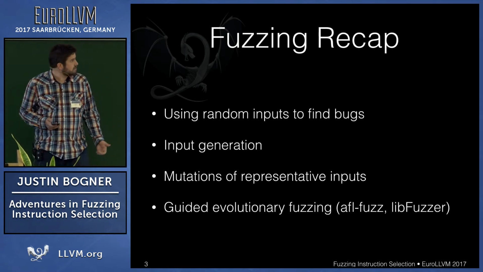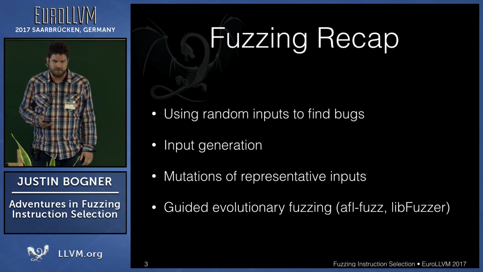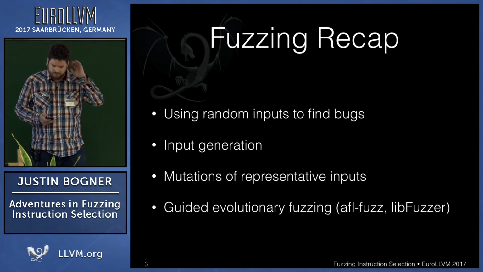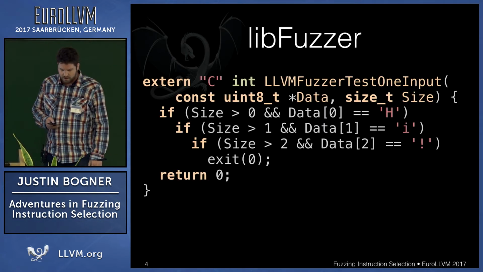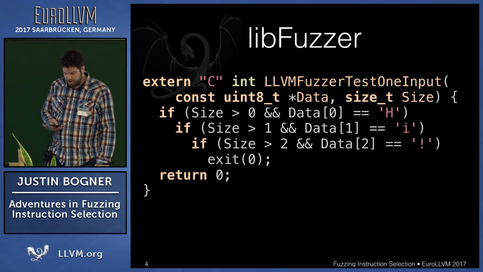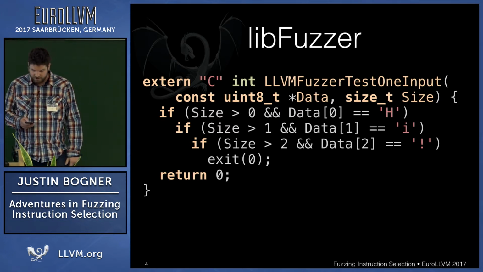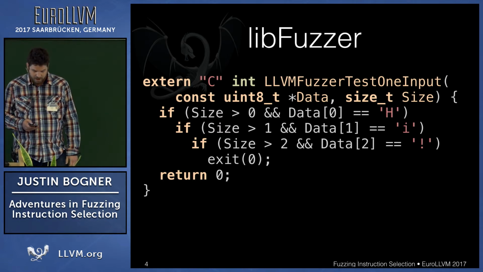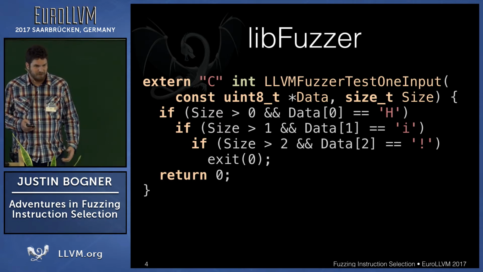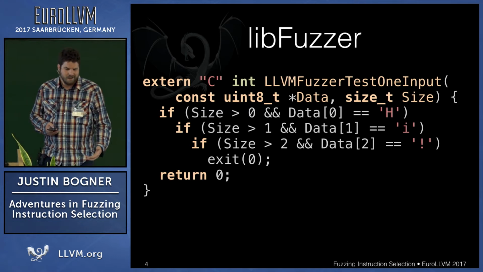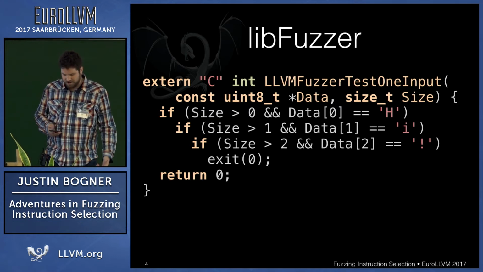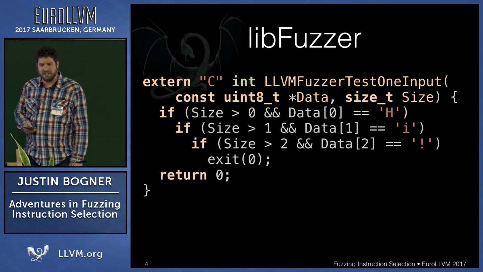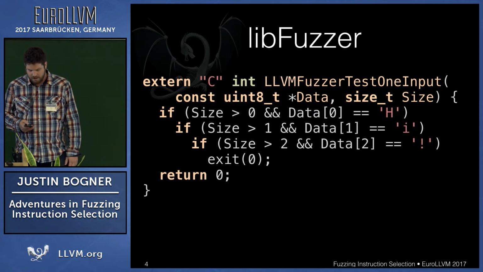It's also the basis behind AFL fuzz and LLVM's own libfuzzer. Libfuzzer, of course, has been discussed by Kostya, both on the LLVM blog and at the LLVM dev meetings before. It's come a long way since some of those talks, and Kostya has talked about it several times in non-LLVM context, which I'm sure you can find if you look.